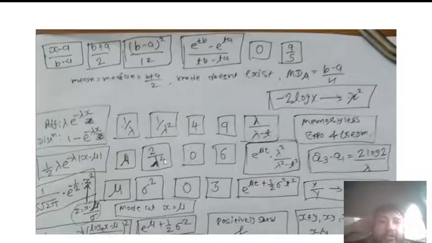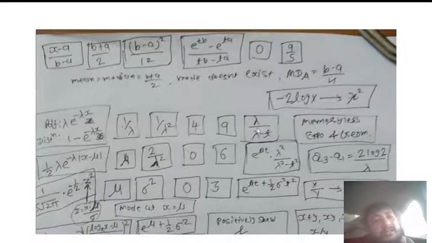So for the double exponential distribution, skewness is 0, mean is mu, variance is 2 upon lambda square, while in the exponential distribution variance is 1 upon lambda square. Kurtosis is 6. The moment generating function in the exponential distribution is lambda upon lambda minus t, and in the double exponential distribution it is lambda square upon lambda square minus t square into e raised to mu t.